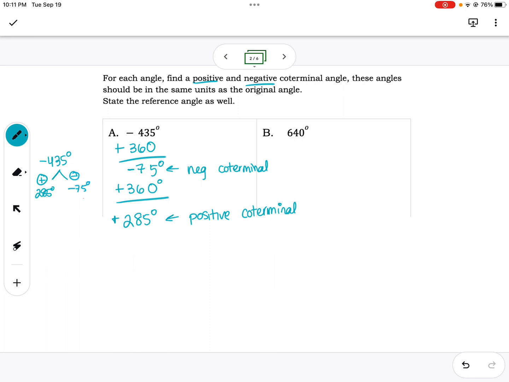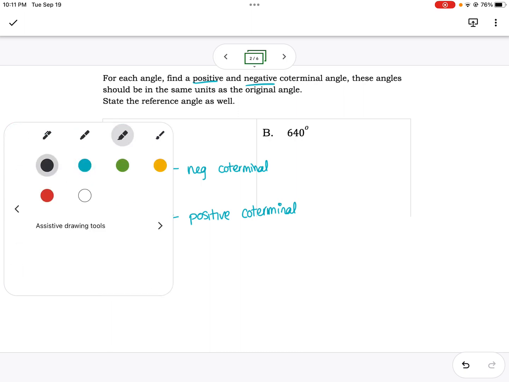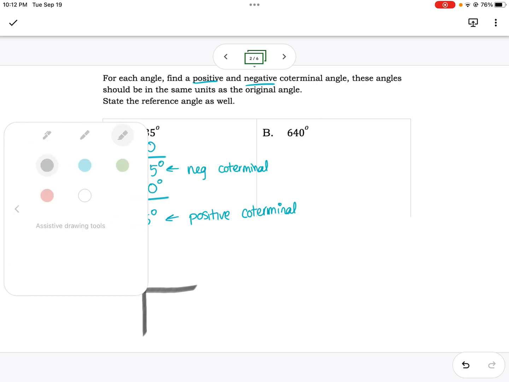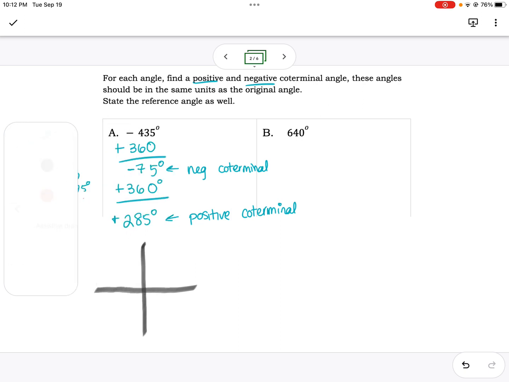Now, what would this angle look like if I went to draw it? Because that's another skill we need to practice. Well, for starters, it's negative, so it's going to start going down. And since it's larger than 360 degrees, it's going to rotate once around negatively. And then, as we just discovered, it's going to go 75 degrees more into the first quadrant.